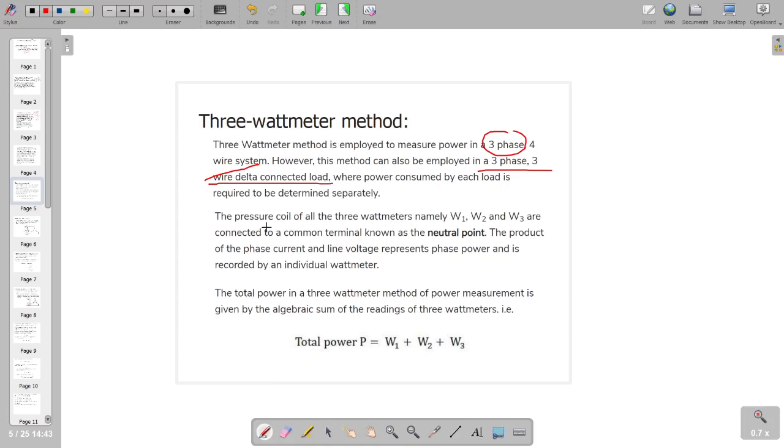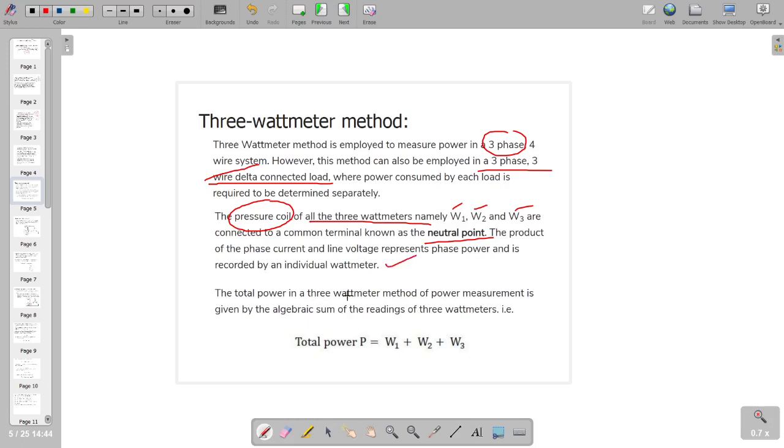First of all, the pressure coils of all three wattmeters, namely W1, W2 and W3, are connected to a common terminal, that is the neutral. The product of the phase current and the phase voltage represents phase power, and it is recorded by the individual wattmeter.